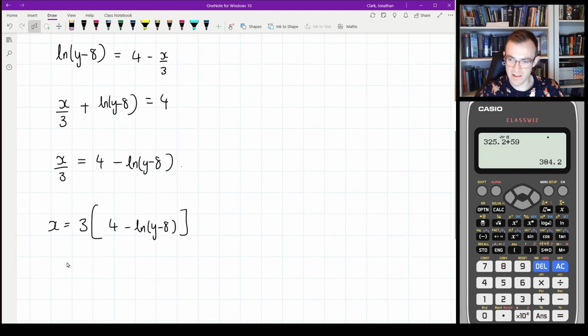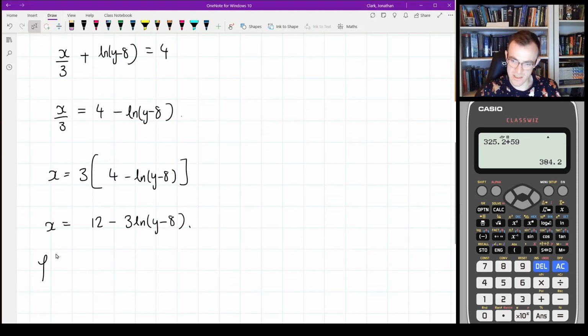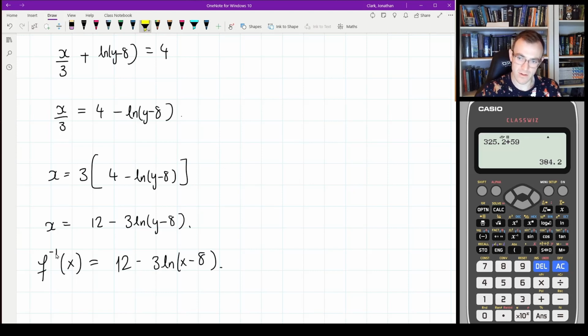You can leave it like that if you want to. I will times through by 3. There we go, cool. So this is my inverse function: 12 take away 3 ln, and I'll just change the variables back. There it is.